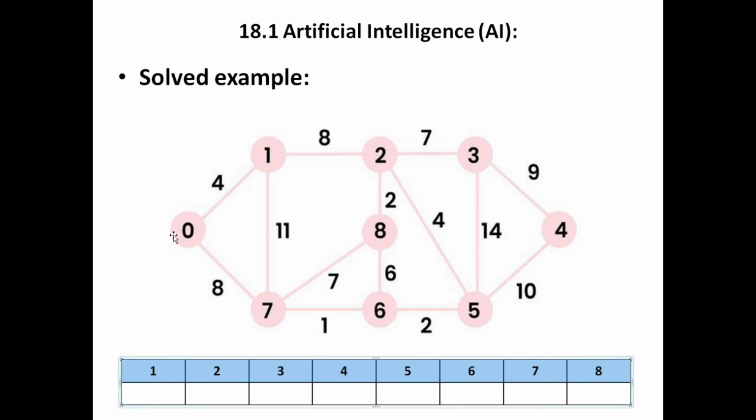As you can see, if you start at 0, you'll have 8 possible nodes to go to: 1, 2, 3, 4, 5, 6, 7, and 8. In this graph, we don't have the concept of heuristic. You'll just have to look at and tell, if you start at 0, or whatever is your starting node mentioned in the question, what will be the cost to travel to each of the following nodes.